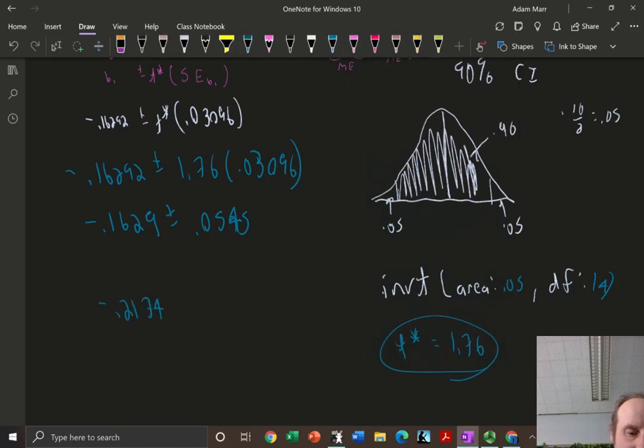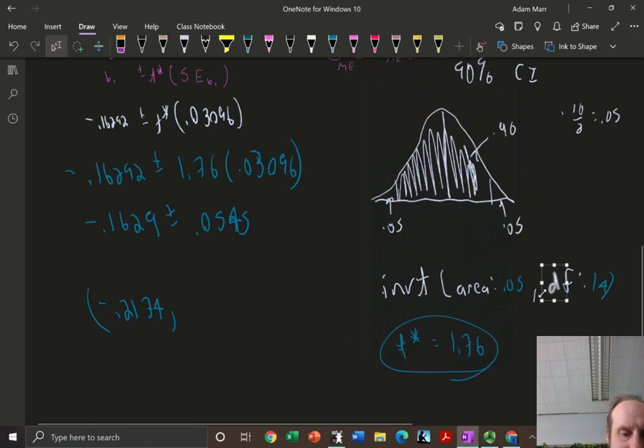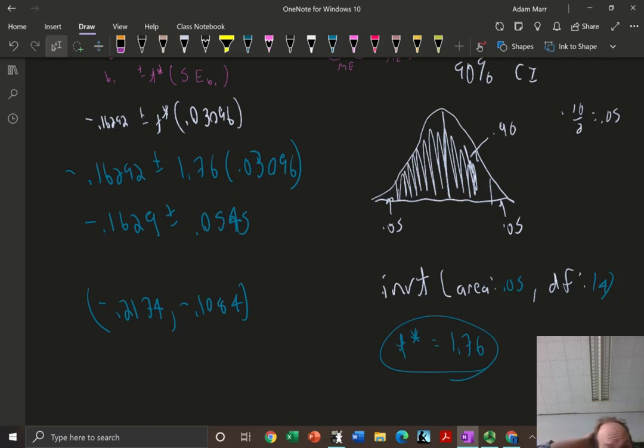The higher one is going to be the same thing. I'm just going to repeat this here, and I'm going to change that to, now it is plus, right? All right, and that gives me negative 0.1084. Okay, good enough. There we go. So we have it right there.